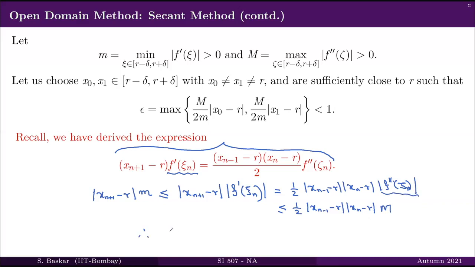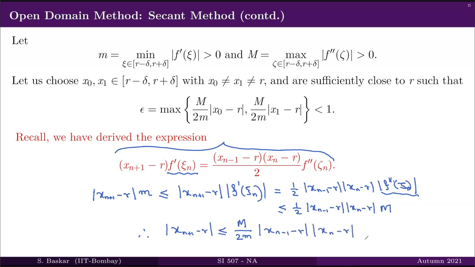Therefore, we can see that mod x_{n+1} minus r is less than or equal to M by 2m into x_{n-1} minus r into x_n minus r.